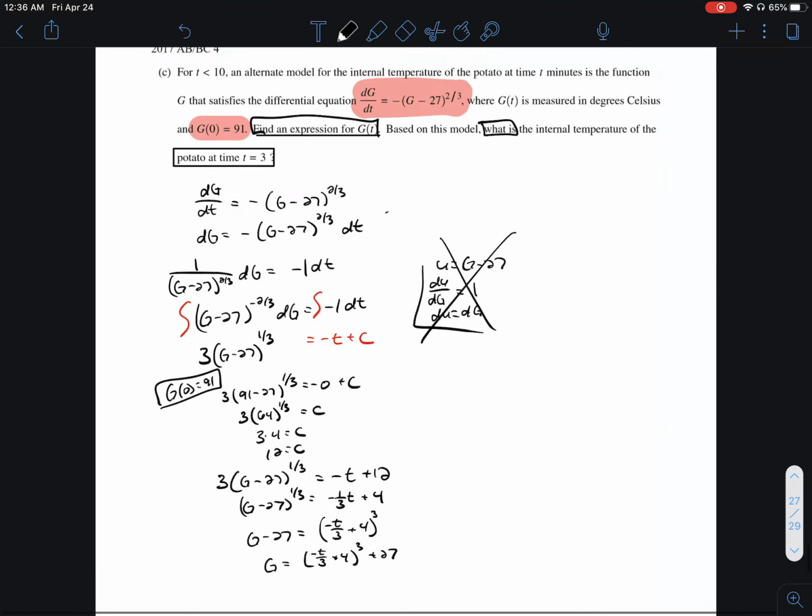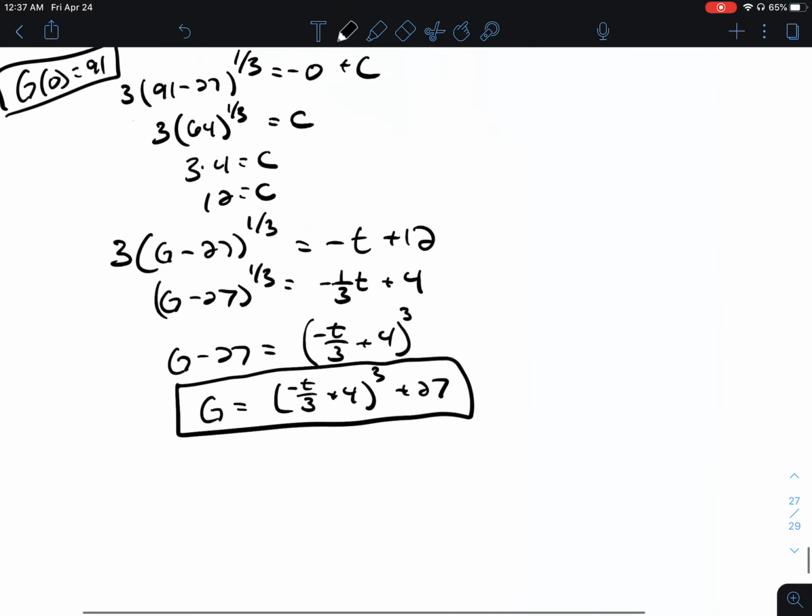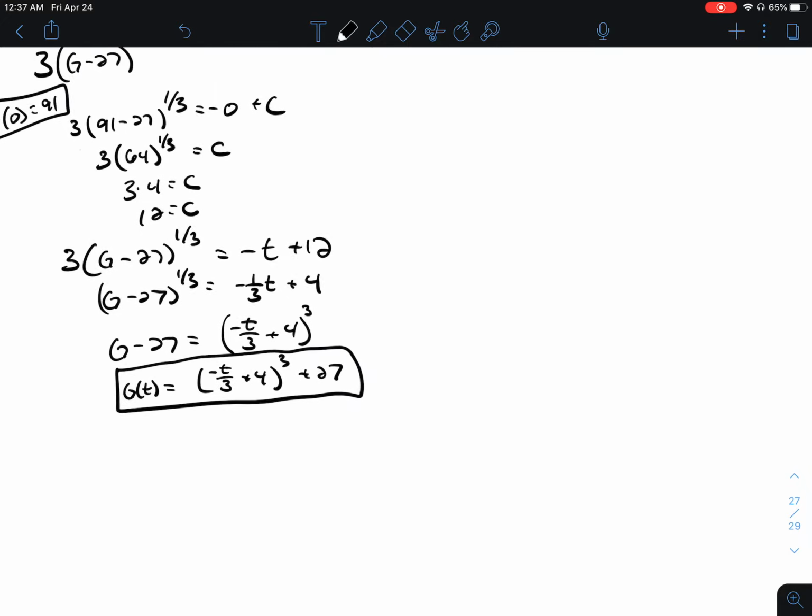Now, one part of the instructions was to find an expression for G of t. So I'll just box that in. And maybe to make this a little bit better, I'll write G of t. I don't think it would matter though.